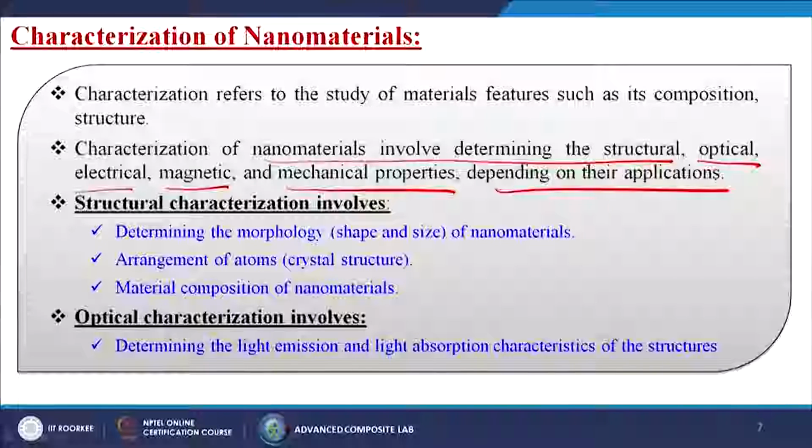Structural characterization involves determining the morphology, that means shape and size of nanomaterials, the arrangement of the atoms, that means crystal structure, and the material composition of the nanomaterials. And optical characterization involves determining the light emission and light absorption characteristics of the structures itself.